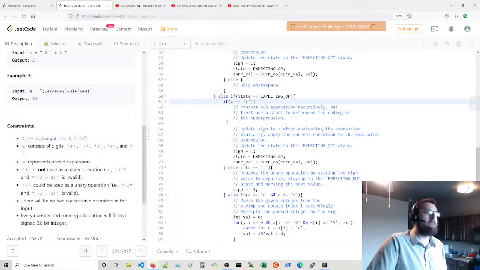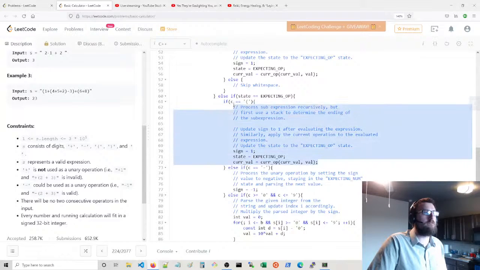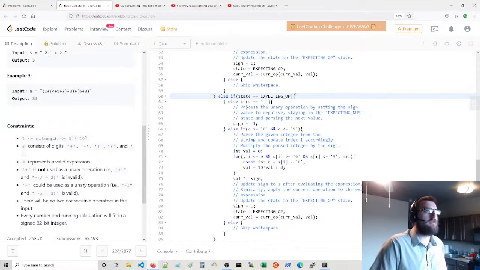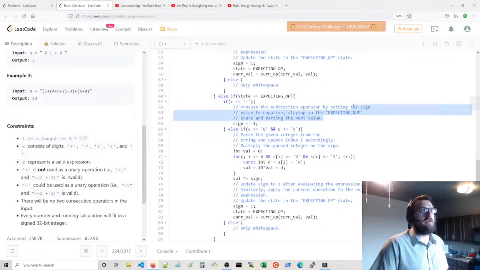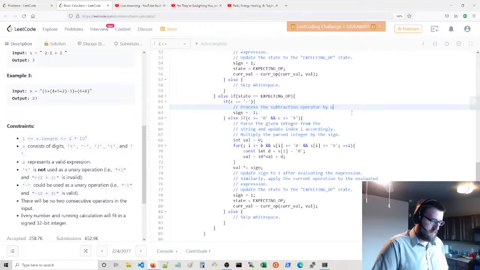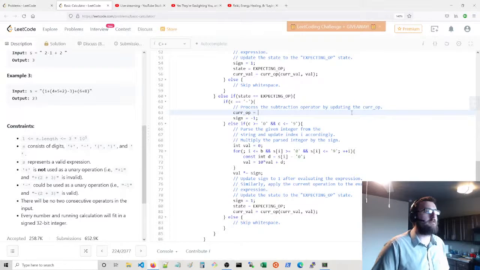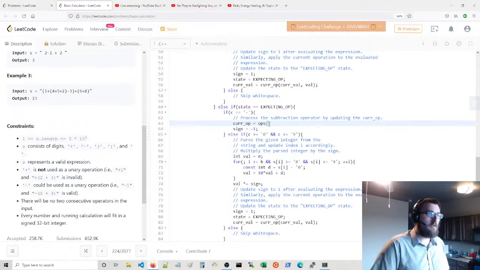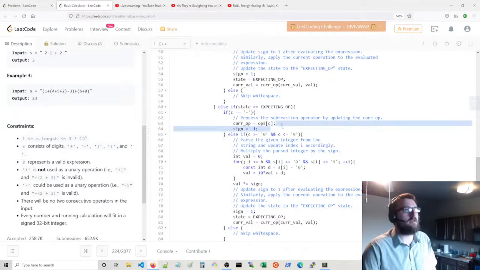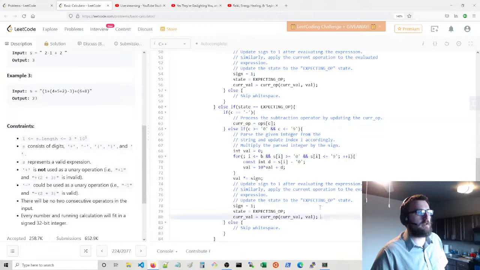So we don't need to process the sub-expression recursively. We can say if we're expecting an operator, just process the negation operator or subtraction operator by updating the current operation, current op. So current op is going to be equal to C of ops, C. And I think that's really it. I think that's all you do.